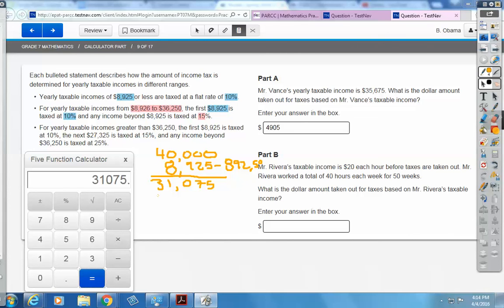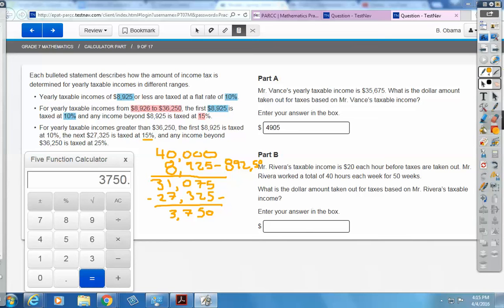Then is tax on $325 at a rate of 15%. And so I'm subtracting these right now because we're going to have $3,750 left over.